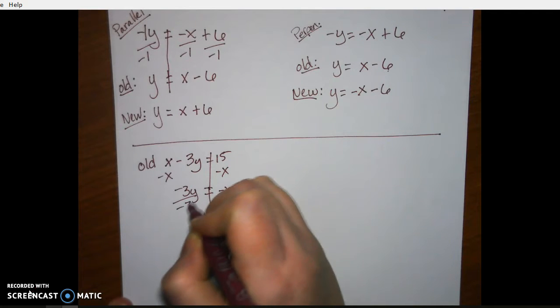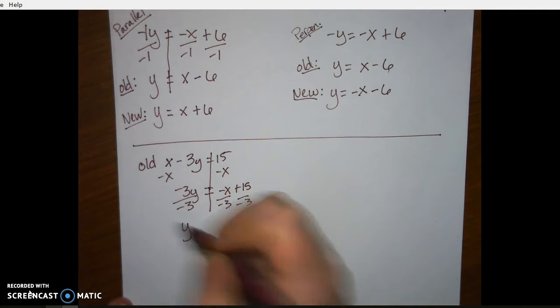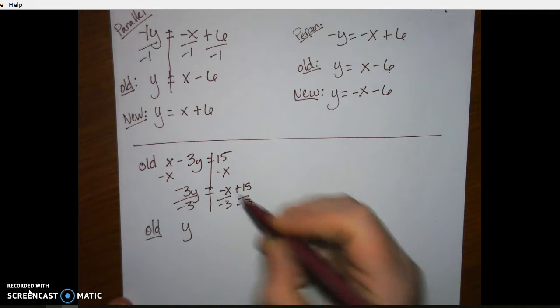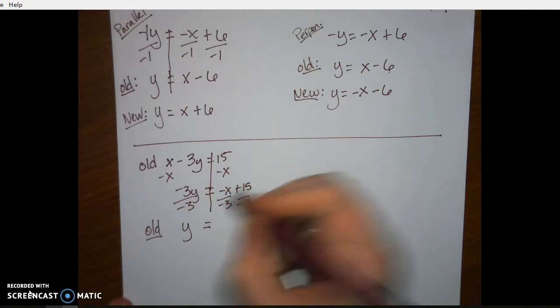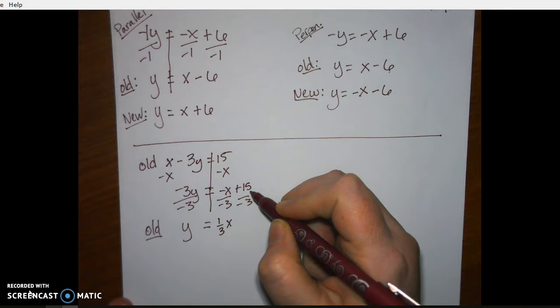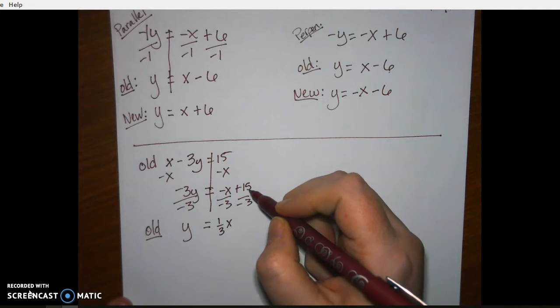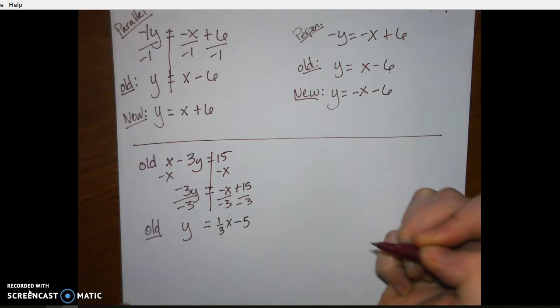Now I divide by -3. I'm left with, this is still my old, y equals -1 divided by -3 is positive 1/3. Positive 15 divided by -3 is -5.